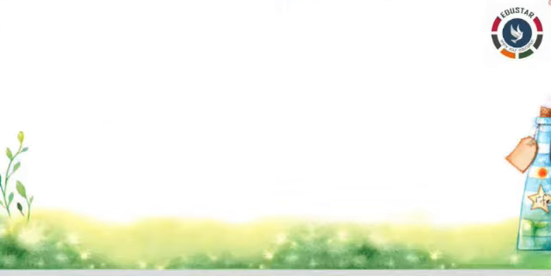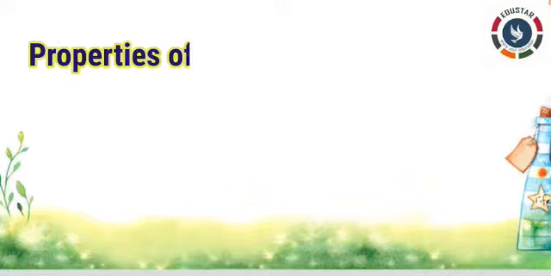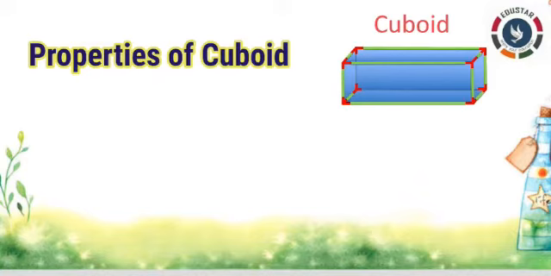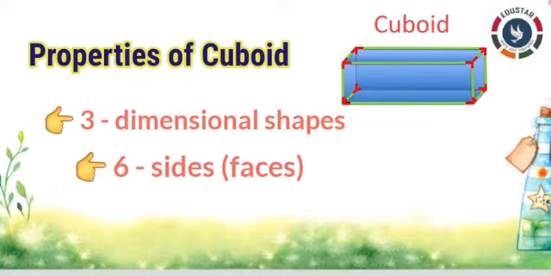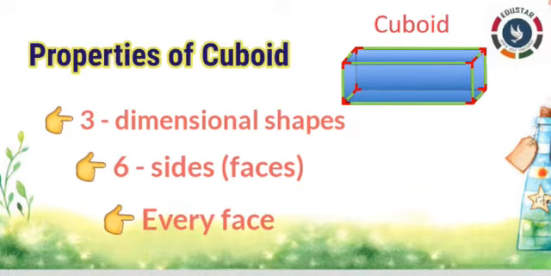Next, properties of cuboid. A cuboid is also a three-dimensional shape with a length, breadth and a height. The cuboid shape has 6 sides called faces. Each face of a cuboid is a rectangle.